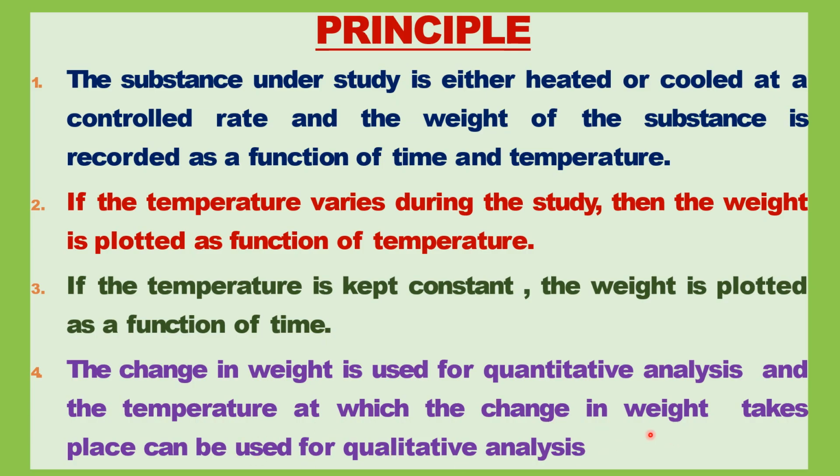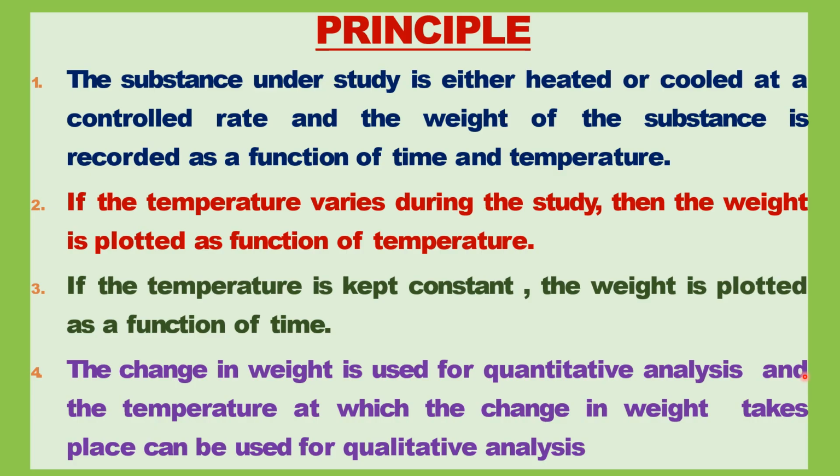So, the drying temperature can be obtained from TGA for quantitative analysis. For example, in the gravimetric analysis of nickel dimethylglyoxime, up to 120 or 130 degrees there will not be any change.